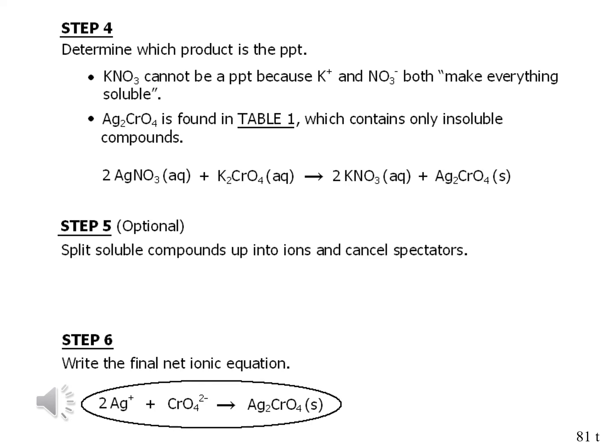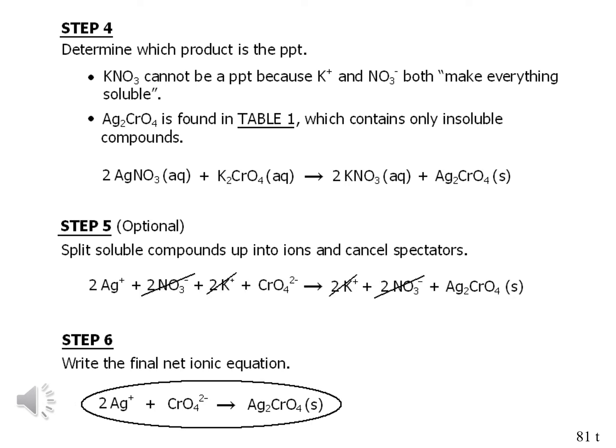I did show in the previous class, though, that there's another way to get this. You can split up the compounds and cross out what's the same on both sides. So let's try that. You can split up the silver nitrate into a silver and nitrate, the potassium chromate into 2 Ks and a CrO4, the KNO3 into K and NO3, and you leave the silver chromate together.